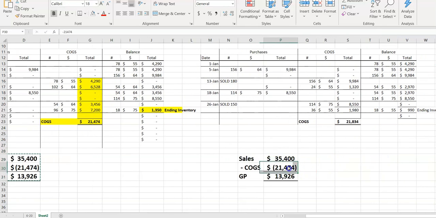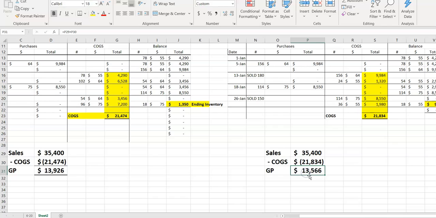All right, but my cost of goods sold is now $21,834, and I have the new gross profit. And if you notice, my gross profit under LIFO is lower than under FIFO because prices are rising. Cost of goods sold under LIFO has newer, higher costs, so hence gross profit is lower.